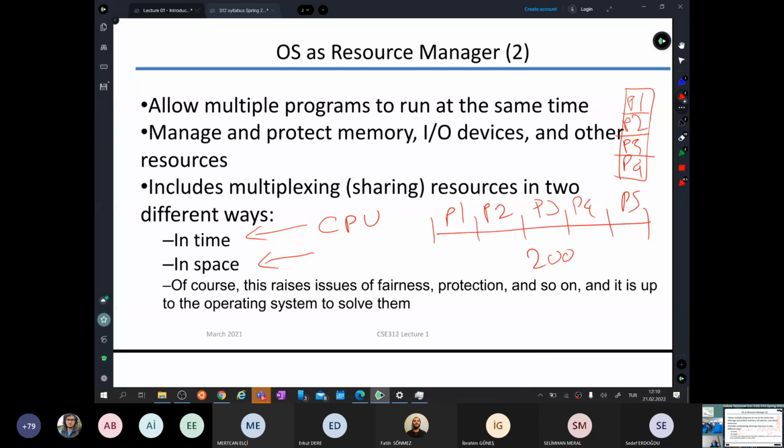Whenever we talk about CPU sharing, fairness and protection will come into play. Whenever we talk about memory sharing, again, fairness and protection will come into play. Whenever we talk about file sharing, for example, we will talk about these. And of course, efficiency.